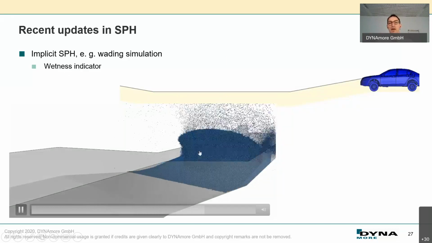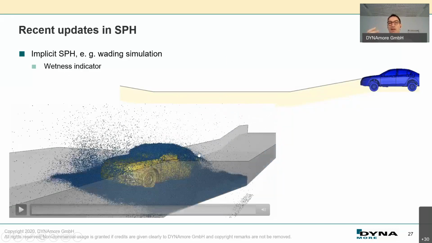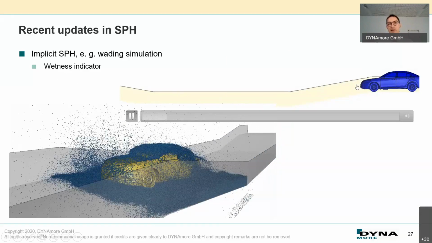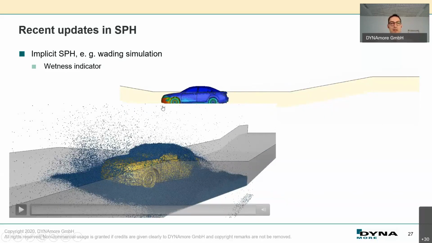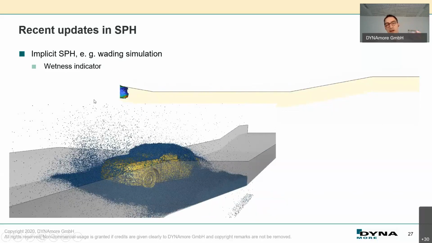And then I want to know how much the structure got exposed to the water. And then we have this wetting indicator, so the car sitting down, going down. We have the structure, and you can see, red is high exposure, but blue means no exposure.